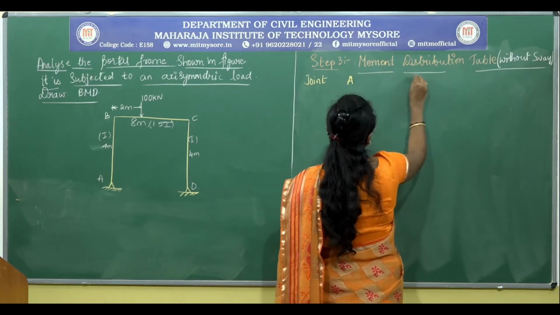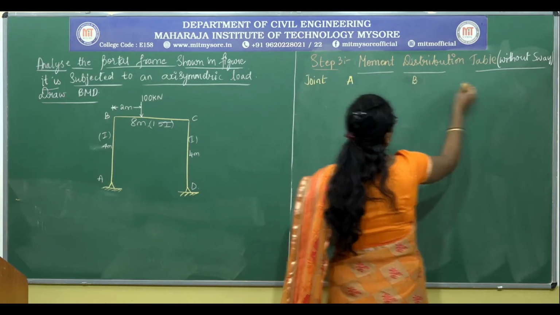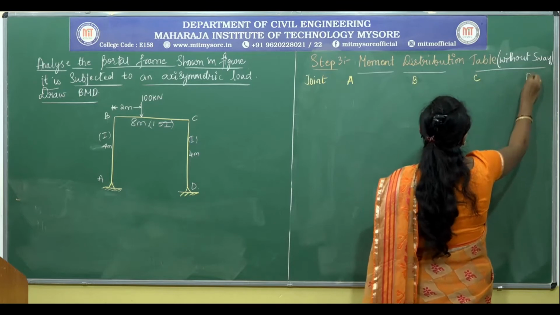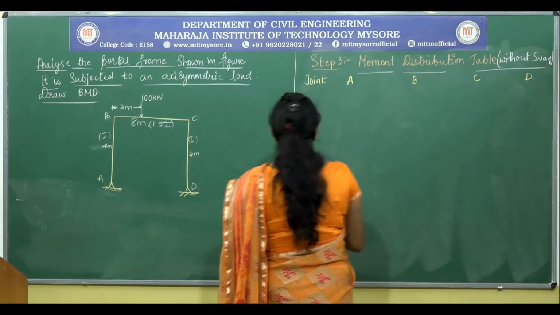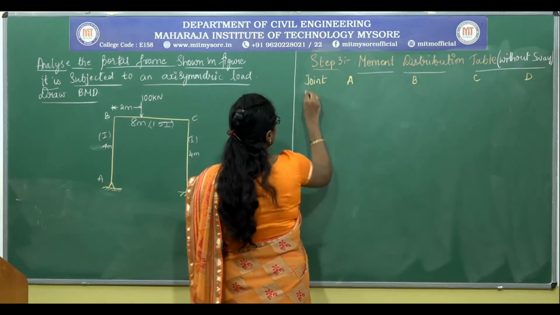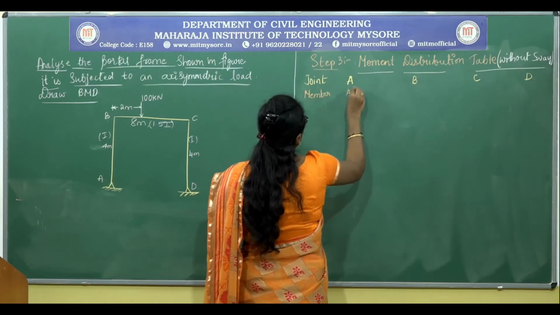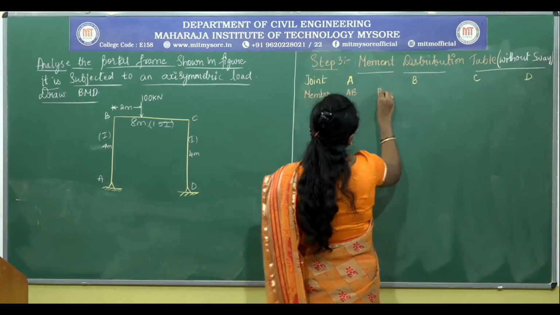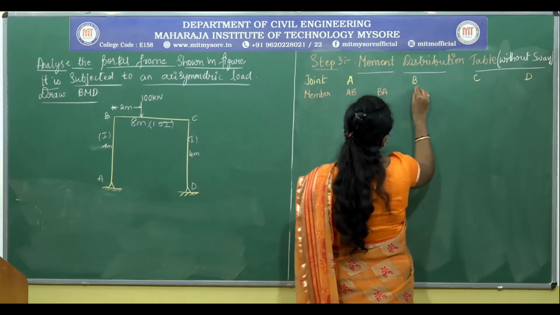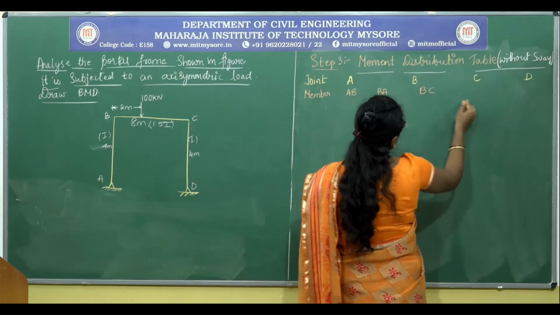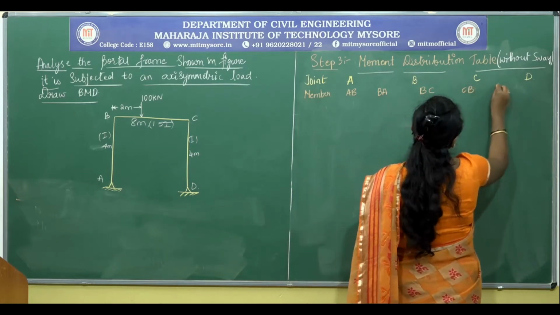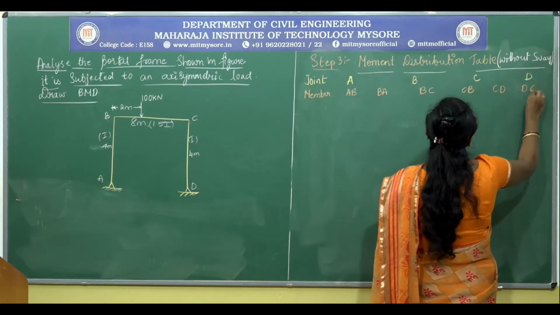A, B, C and D. Next is the member: AB, BA, BC, CB, CD and DC.